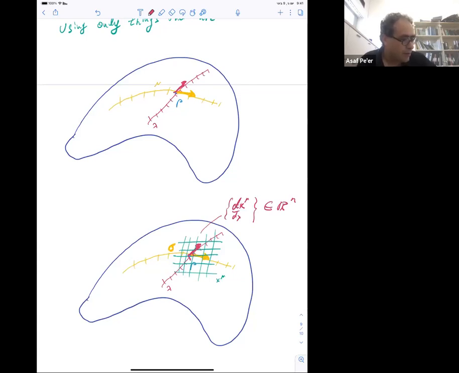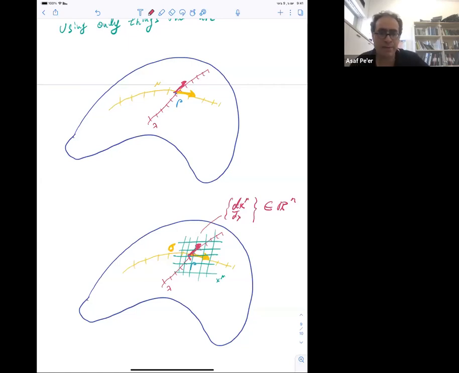This is not bad because I'm using only things that are legal. The problem is that this is still not general enough for my purposes, because it depends on the coordinates that I choose. These x mu were chosen arbitrarily. You could choose your own coordinates and it will be different.